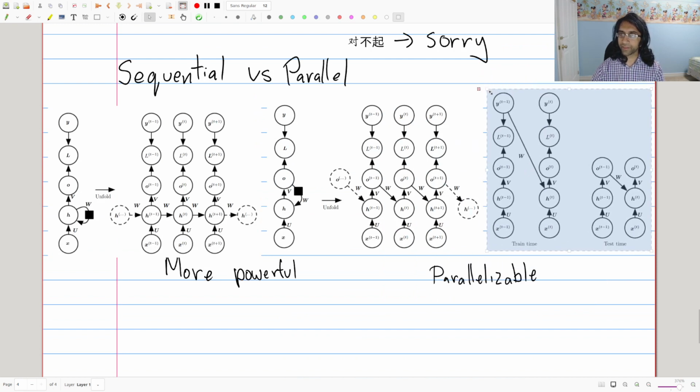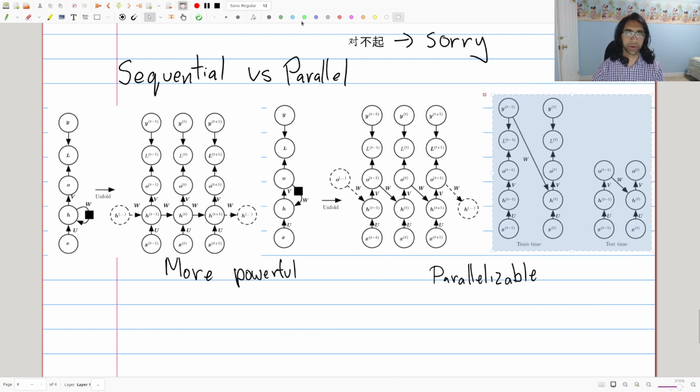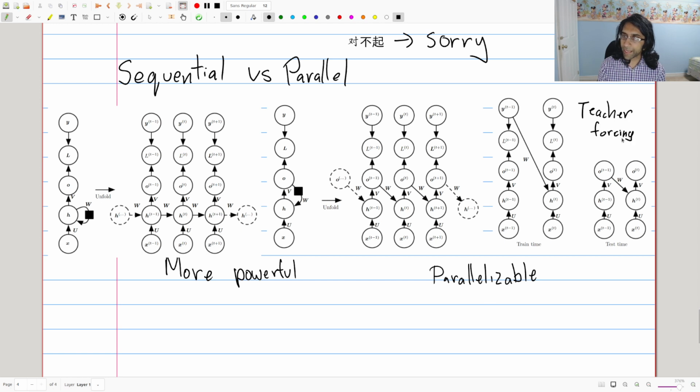So yeah, this is kind of a caricature of what we're going to do in terms of breaking up these chains. I'll just label this as teacher forcing. And just pay attention to the side on the left here first.